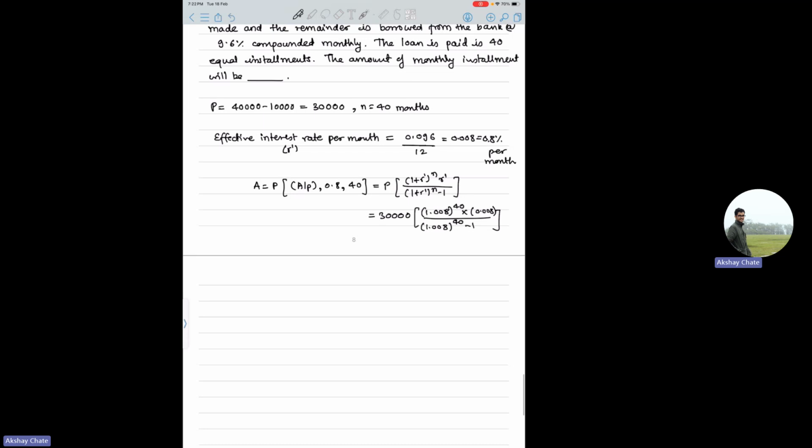If you calculate this value, you should get around 880 rupees. I'm rounding it off because I don't have the exact answer here, but you can do it yourself also. Everything is in front of you.